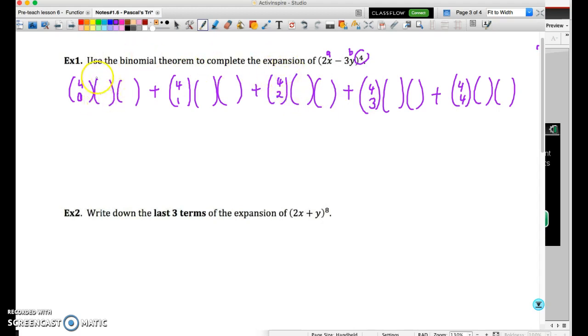Okay, this parenthesis over here is going to have the A term in it, and so what you should also hopefully remember is that the first term in the expansion started with the highest power and then decreased. So 4, 3, 2, 1, and 0. And so we could then insert in the place of A, of course, 2x.